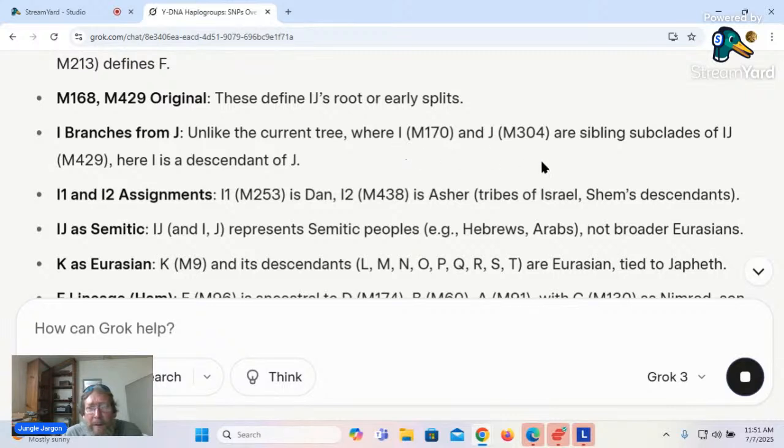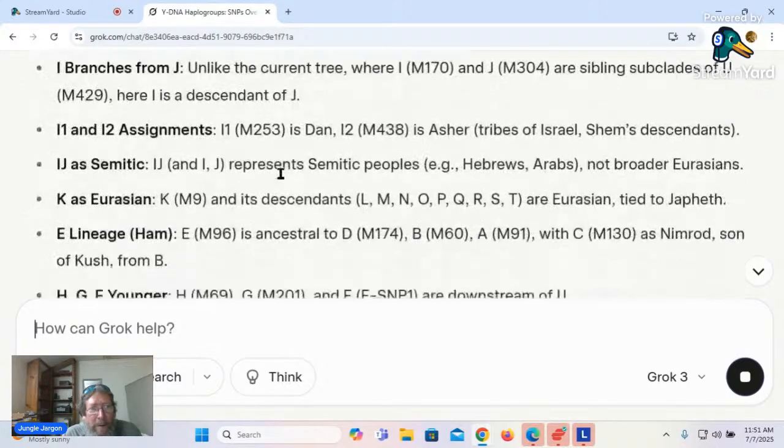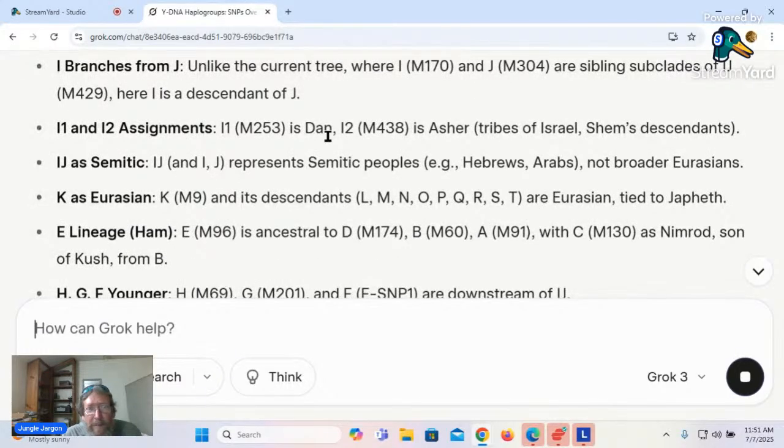Okay, I and J. Here, I is a descendant of J. No, yeah, J, but not. I want to know if it extends to K. Yeah, K's Eurasian, tied to Japheth.